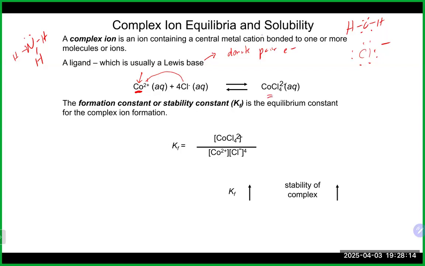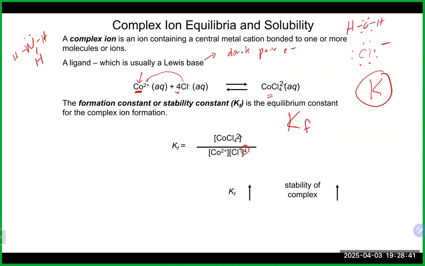We can write an equilibrium constant for this, just like all the other ones, our products over our reactants. Here again, we still need to do our coefficients. This is what is known as the Kf, added to our ever-growing list of K values. Kc, Kp, Kw, Ka, Kb, Ksp, Kf, right? This class is brought to you by the letter K.